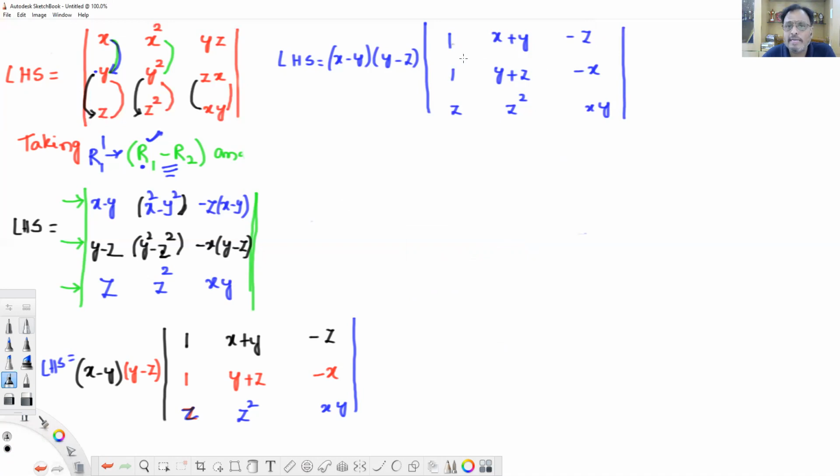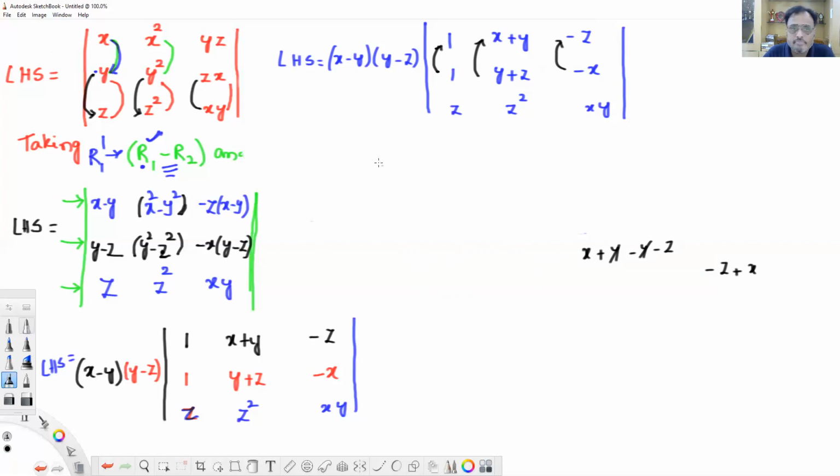If I take R1 minus R2, you get X plus Y minus Z, that means X minus Z. No, we want Z minus X. Here minus Z, minus of minus gives plus X. So that is better, R2 minus R1 will do it. R2 minus R1, I'll do it. After that, I'll get one more common factor.